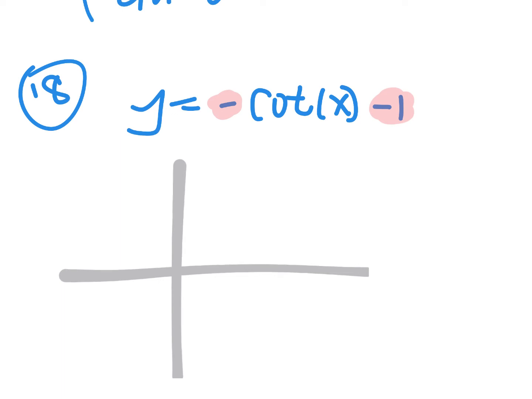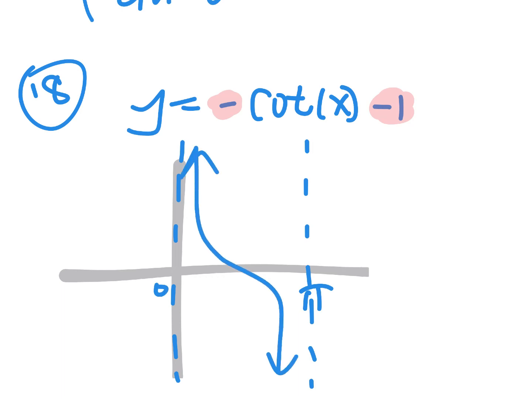Here is cotangent, one of the more obscure ones. It goes from 0 to pi, and it goes like that. That's what cotangent looks like. And then, like I said before, that's just going to make it vertically flip, and that's going to make it move down 1. I think vertically flipping it isn't too bad, I hope.